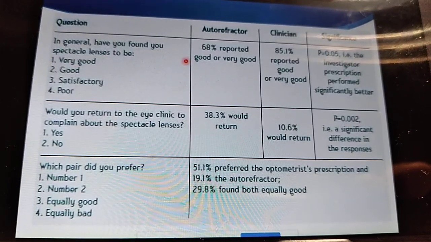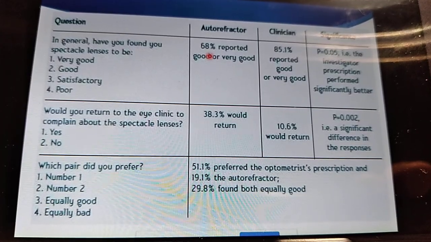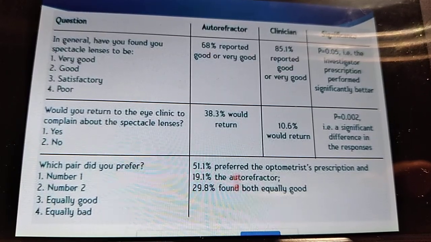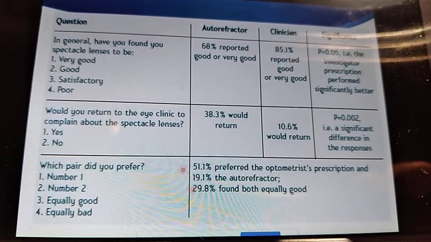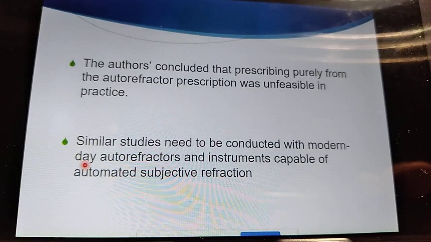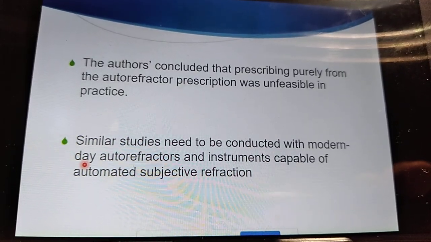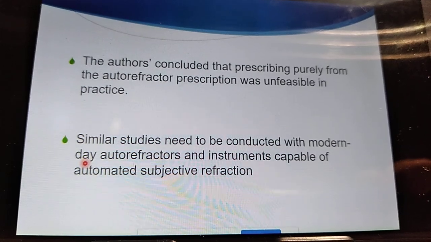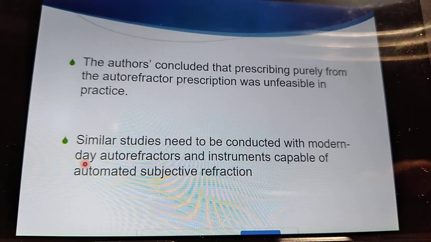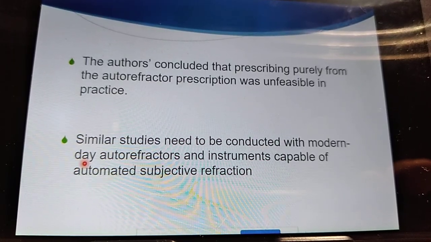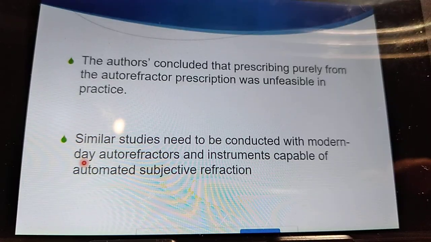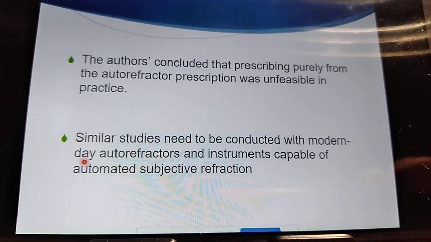They found that though the vision was almost good, it was not up to the level of the optometrist's prescription. He concluded that the autorefractor can be used as an assisting device, but cannot be used as a complete device for prescribing spectacles.